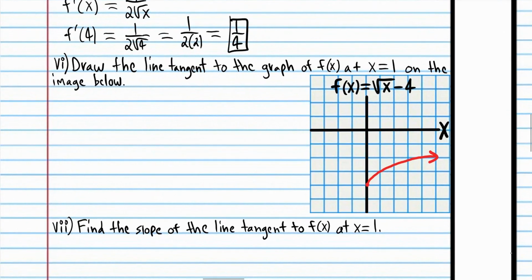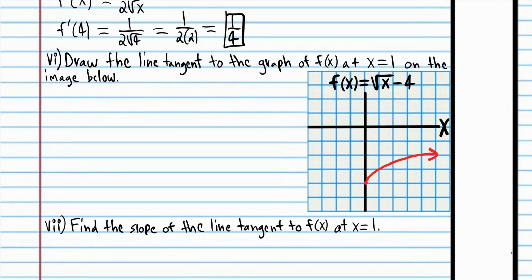Okay, so let's try another problem. And again, we're using the same function. We have the same function, and we have the derivative. So we're going to find the slope of the tangent line. But first, let's draw the tangent line when x equals 1.